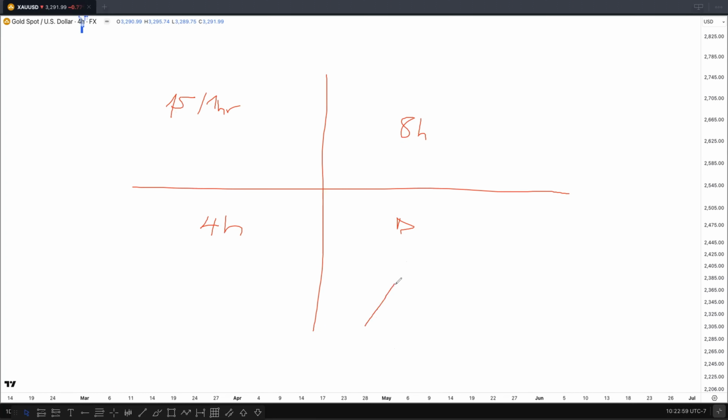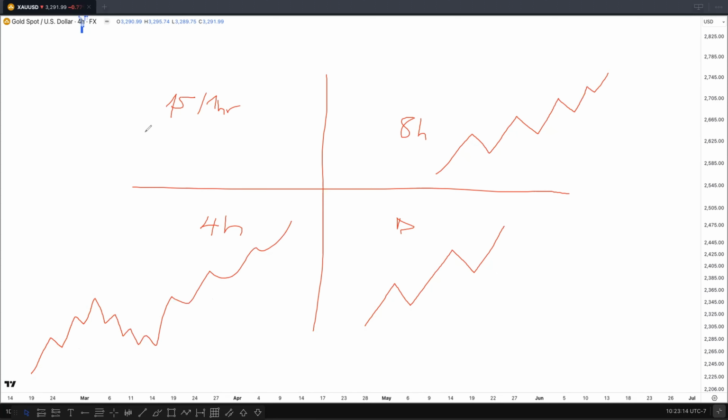So if I have an uptrend on the daily time frame, something like this, and I have an uptrend on the 8 hour time frame, and an uptrend on the 4 hour time frame, and let's look at an uptrend on the 15-minute time frame. You might see lots of this, price moving, right?